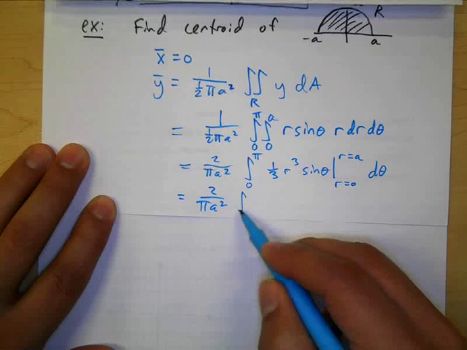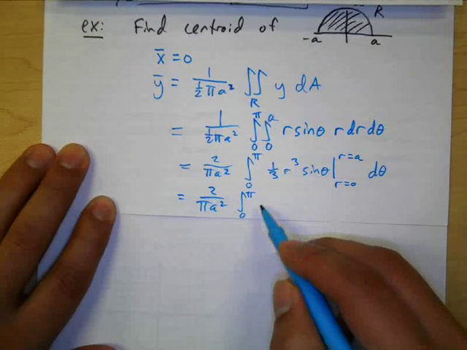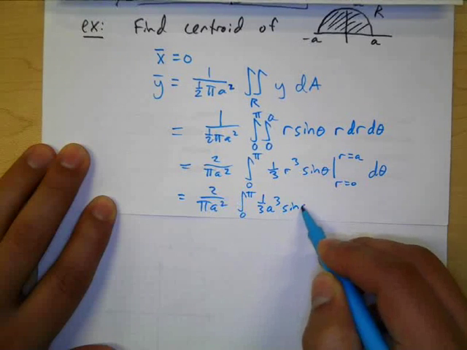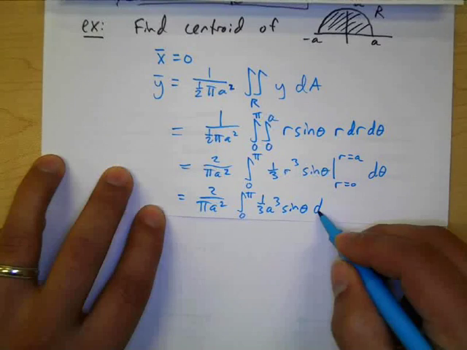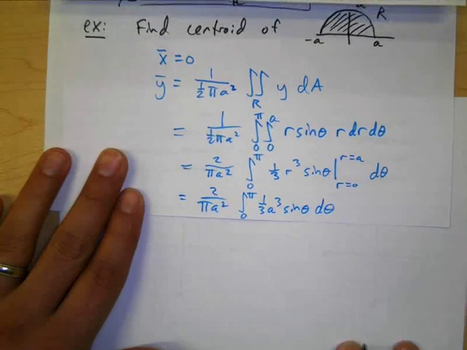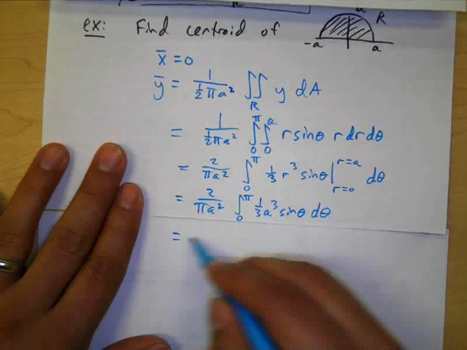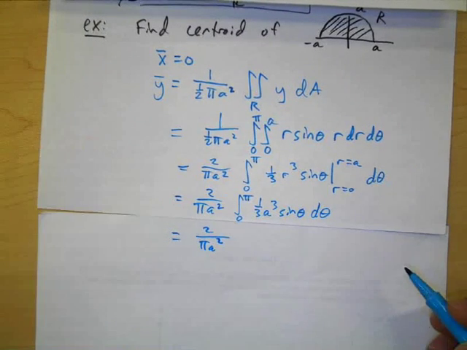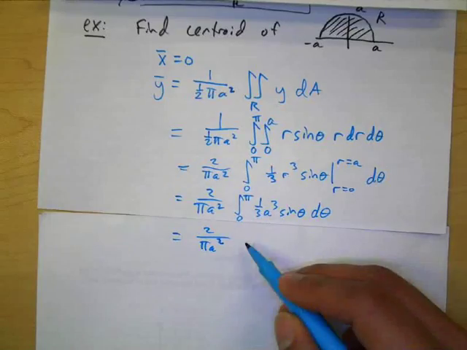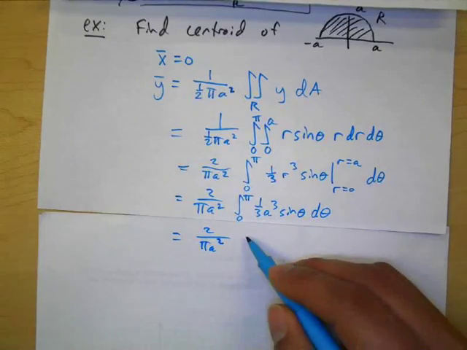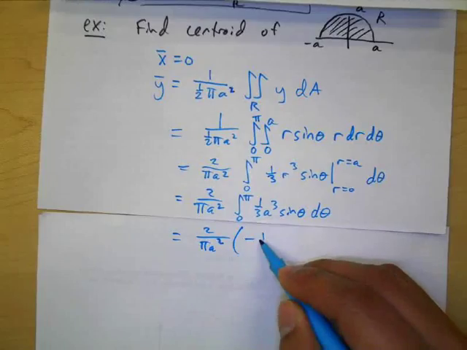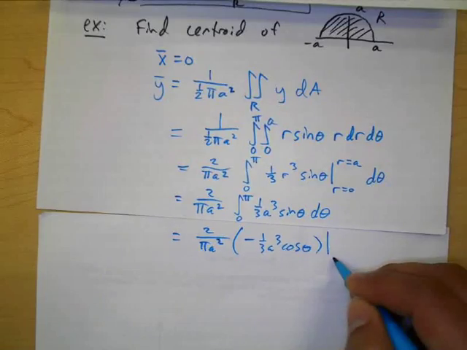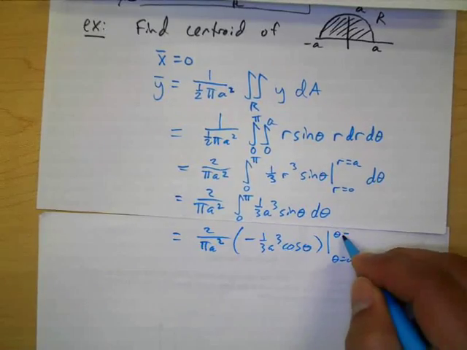Plug in the bounds, we just get the integral from 0 to pi of 1/3 a cubed sine theta d theta. So then that would become negative 1/3 a cubed cosine theta, from theta equals 0 to pi.